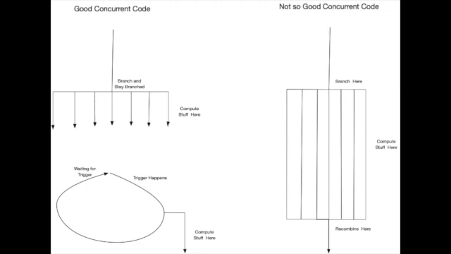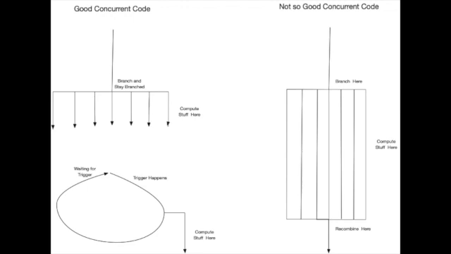Why is the left better than the right? Because on the right, you have a bottleneck. You have a bottleneck where you have to wait for all of those things to recombine. And that's going to slow down your code and slow down what's happening in your application since it has to wait there. While we do have a waiting for a trigger here, that's because there's nothing for the application to do at that point.